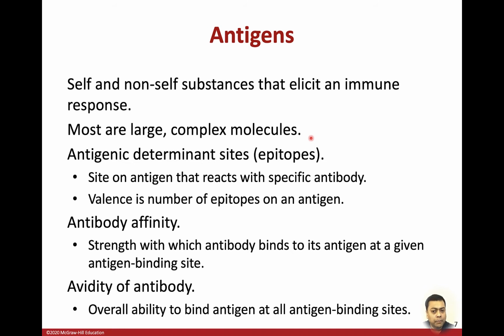But the problem is that if the antigen is of a shape where antibodies can bind to 1, 2, and 3 simultaneously, three different antibodies, that antigen is higher in giving immune reactions, and the avidity of the antibody is higher for that antigen.